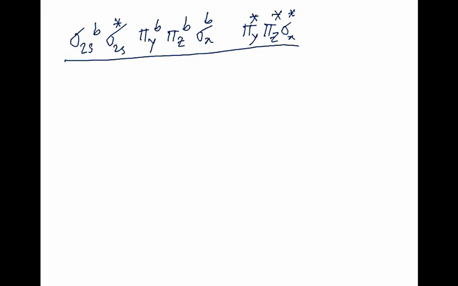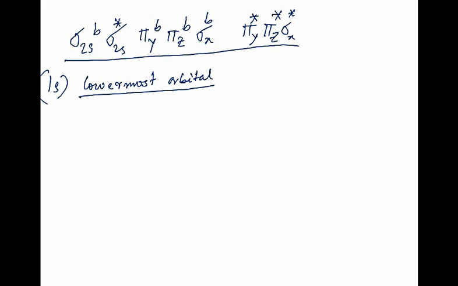So there are 8 molecular orbitals formed. I am not mentioning here the 1s level because the 1s level is the lowermost orbital and never takes part in bonding.